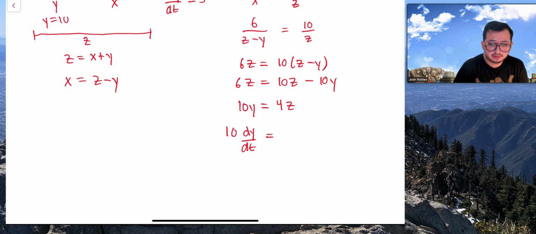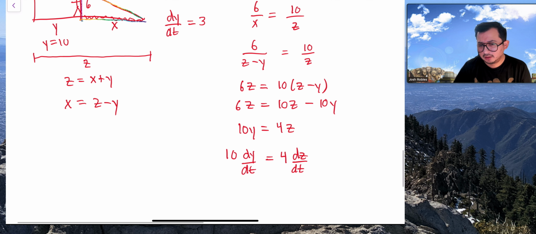The derivative of z is 1 dz/dt, applying the chain rule using implicit differentiation. All right, so this will allow me to solve for dz/dt knowing dy/dt.